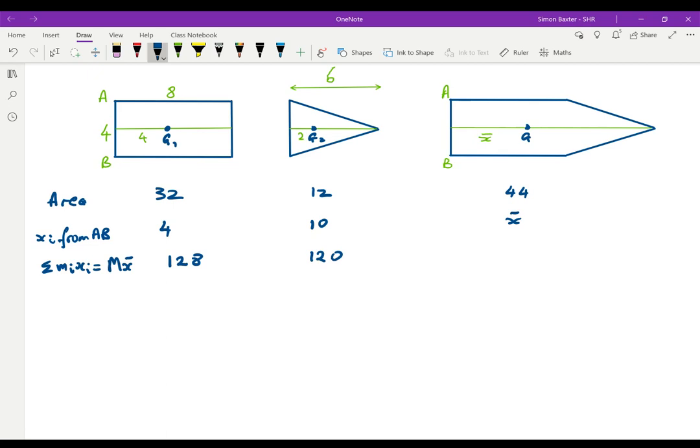And for the combined figure, we have 44 x bar. So we are taking the rectangle and adding the triangle, sigma mixi, and that is giving us the combined shape. This now gives us 248. Divide by 44, and we'll get x bar is 248 over 44, which is 5 7/11.